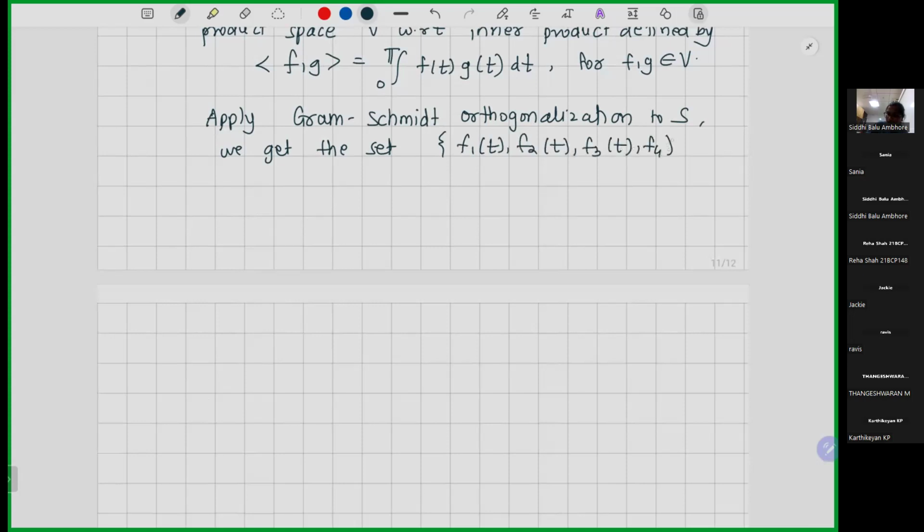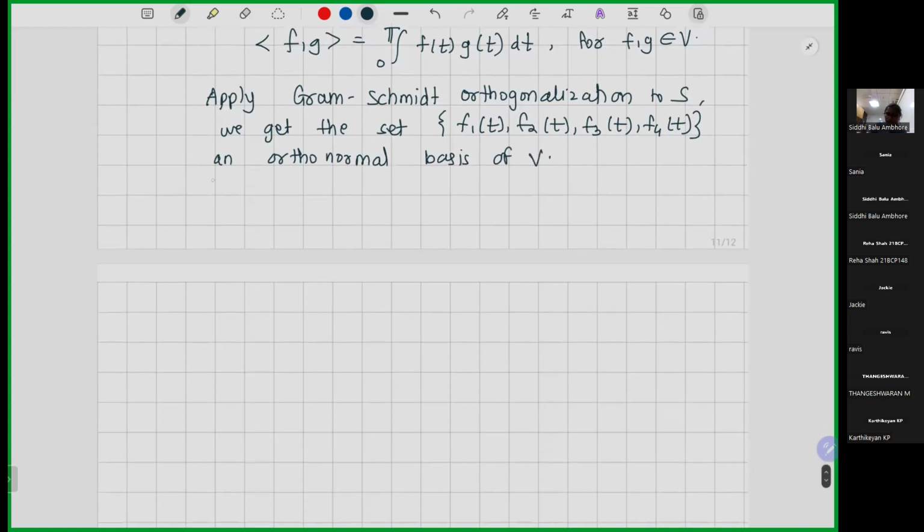Since we started with a set of 4 elements, this set is an orthonormal basis of V. They are saying that if root pi by 2 f1(t) is a sin t plus b cos t plus c into t, then find a plus b plus c.